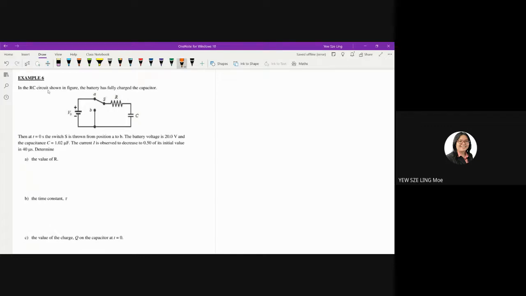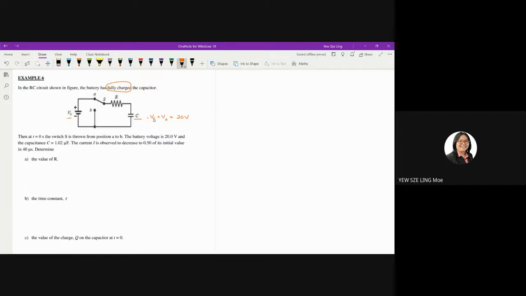So in an RC circuit shown in the figure, the battery has fully charged the capacitor. So you charge the capacitor by using V naught. And when it is fully charged, the keyword is fully charged, your VC is equal to V naught, which is then equal to 20 volt. So at time t equals 0, switch S is thrown from position A to position B. The battery voltage is 20 volt.